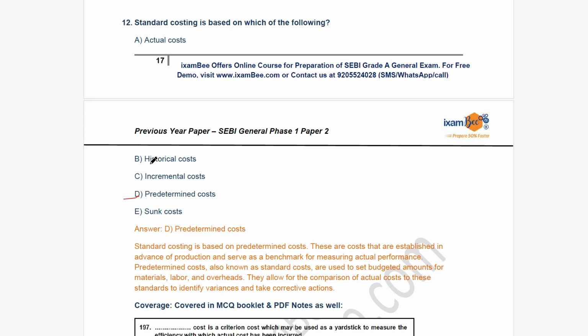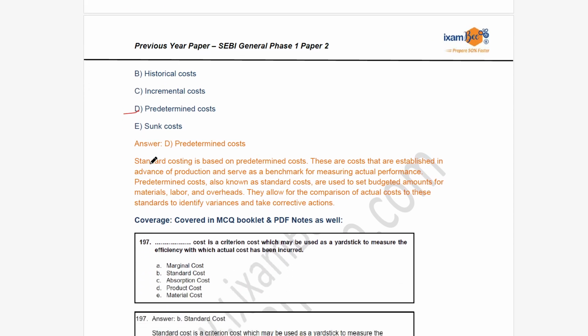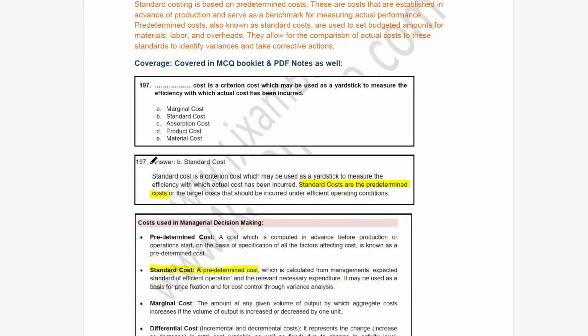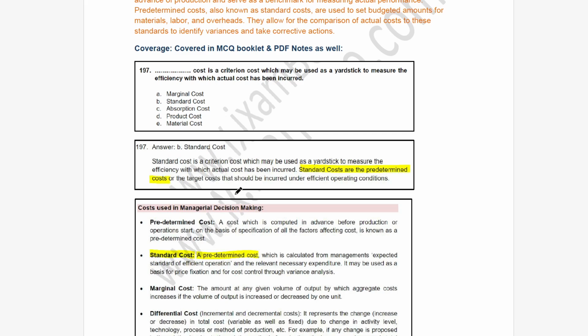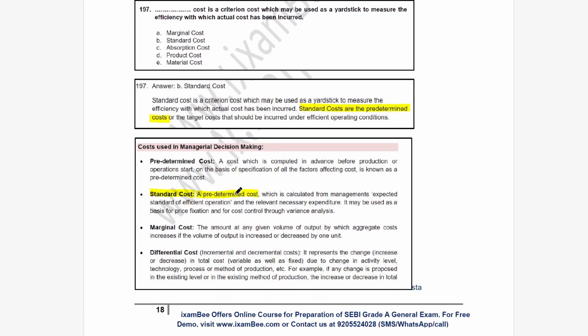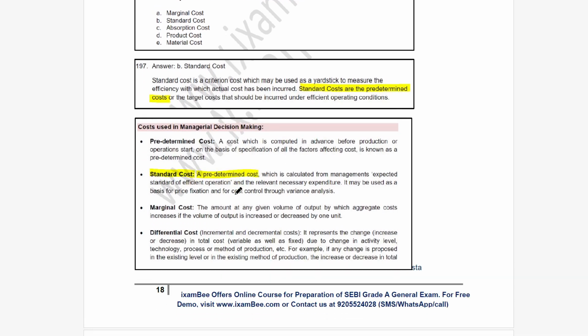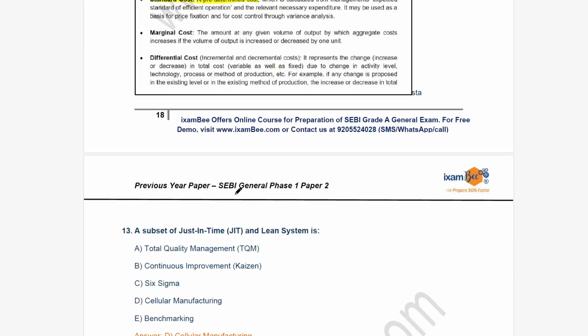They may be used to predetermine the cost, but they don't form the basis of standard costing. So that is what standard costs are. They are the predetermined cost or the target cost or the standard cost against which the actual costs are compared and measured to understand whether the company is working efficiently or not.